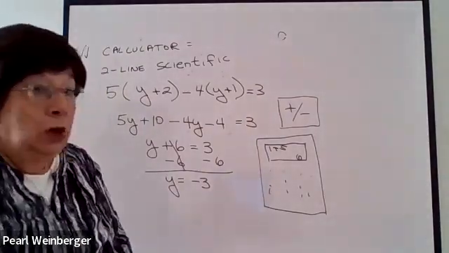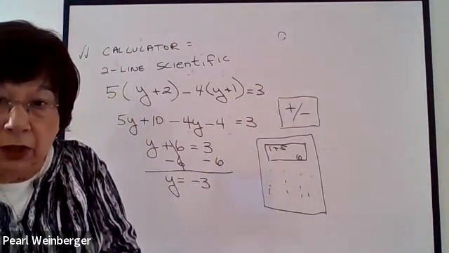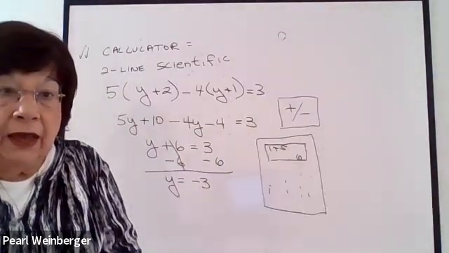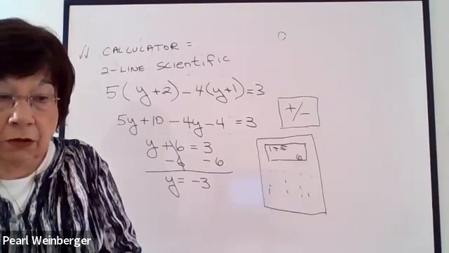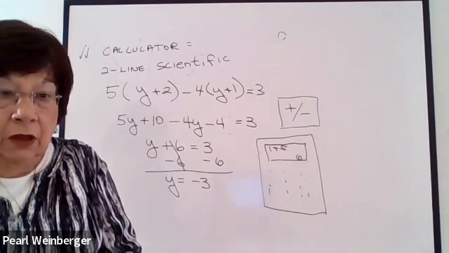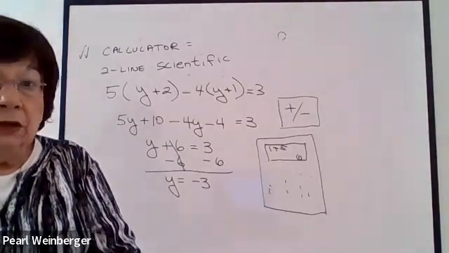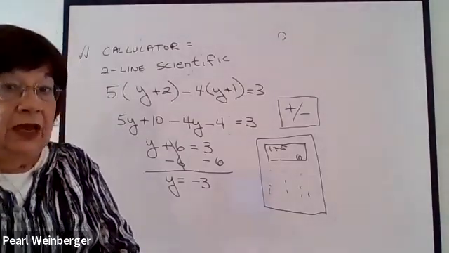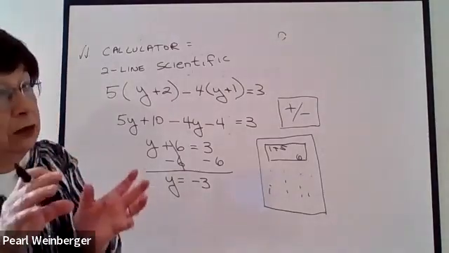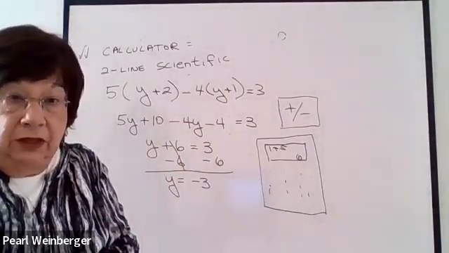Number two, and this is probably the most important thing about a two-line calculator, is that it does things in correct algebraic format. It follows the rules of combining like terms and doing things in the correct order of operations. It's all built into the calculator. You'll even be able to put in things with parentheses in these two-line calculators.